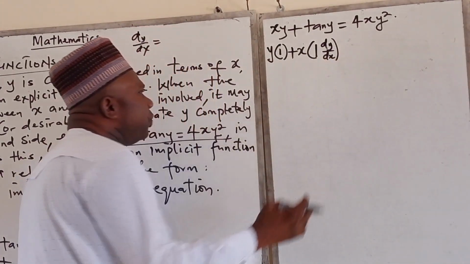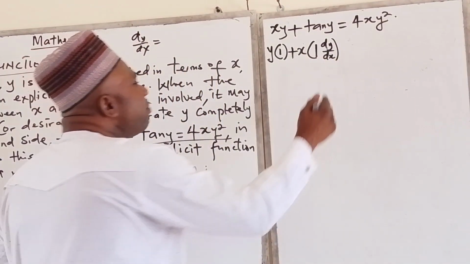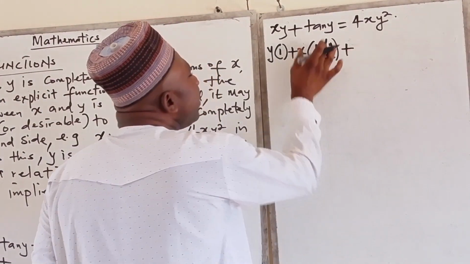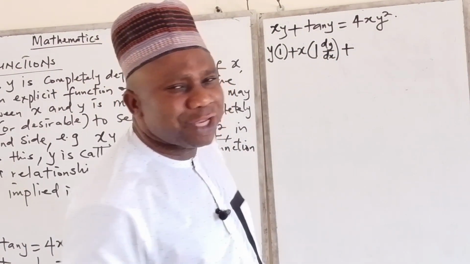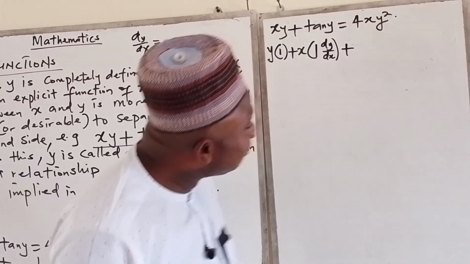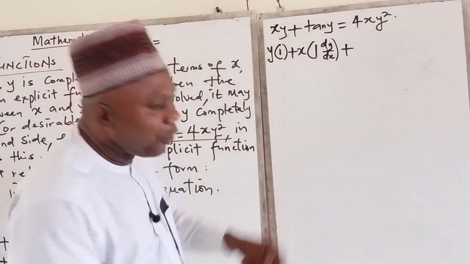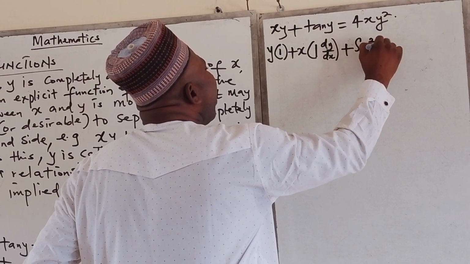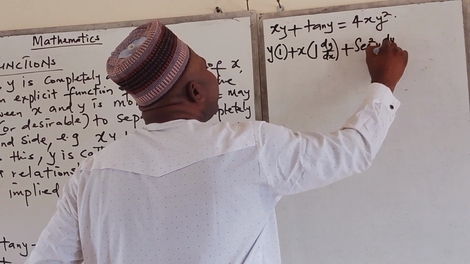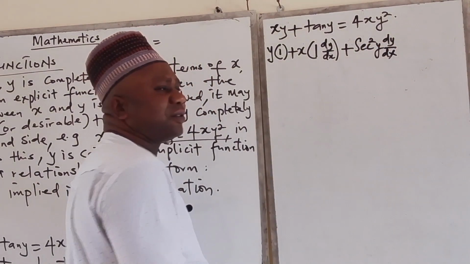Because we are differentiating with respect to x. Then plus, here we have tan y. Remember we said when you differentiate tan x, it gives sec squared x. Now because we're dealing with y here, when you differentiate tan y, it gives sec squared y, then you follow it with dy over dx.